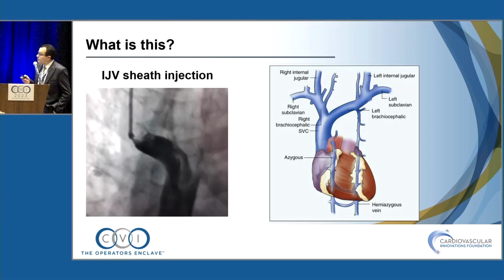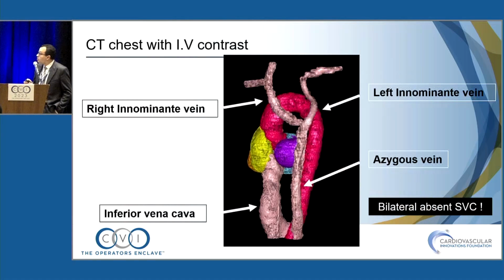Apparently, this structure is a dilated azygos vein draining the innominate vein. But why is nothing entering the cardiac shadow? We did a CT chest with contrast, and here is the 3D reconstruction imaging, showing that both innominate veins drain into a dilated azygos vein that went down to the abdomen and drains into a dilated inferior vena cava.